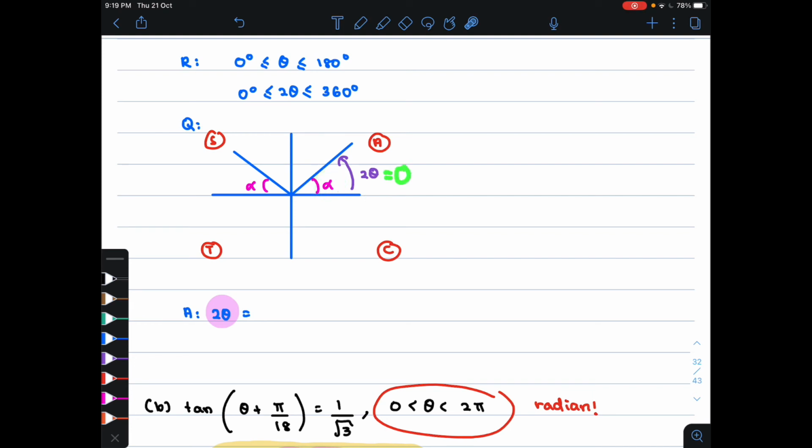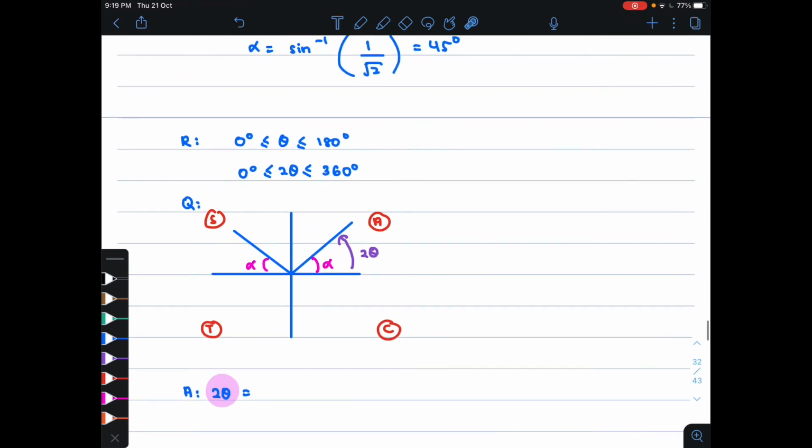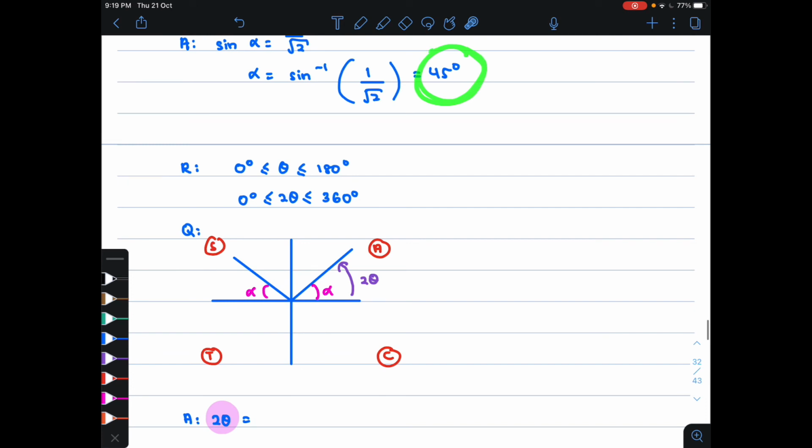So this is 0 plus alpha. And we already know that alpha is 45 degree. So this is actually 0 plus 45 degree, which is just 45 degree. But don't forget that our range is between 0 and 360.